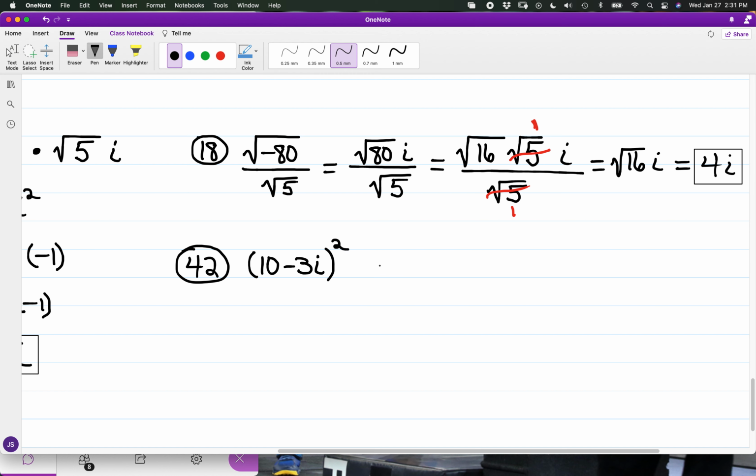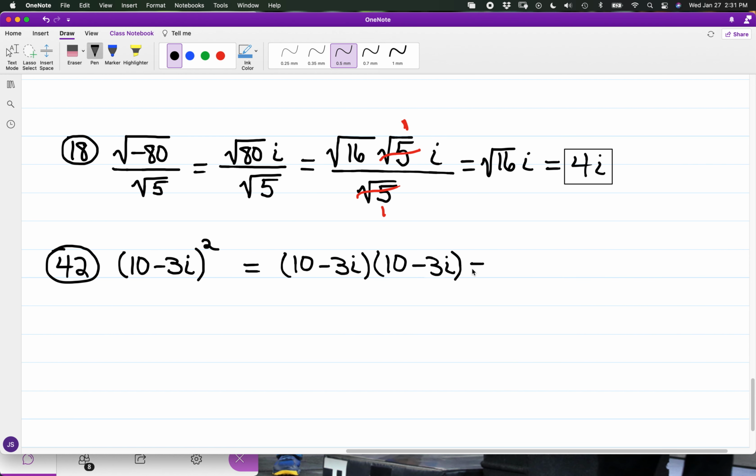So for 10 minus 3i quantity squared, kind of like when we were working with squares of a binomial expression, it'll be that expression times itself. So we're going to have 10 minus 3i times itself.